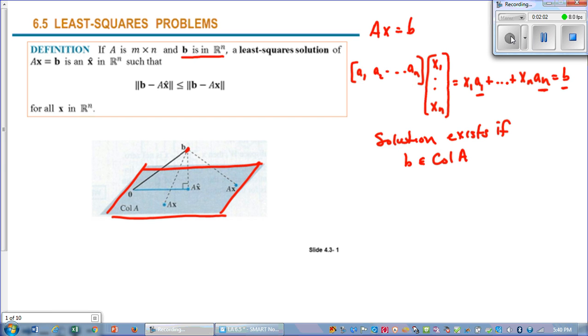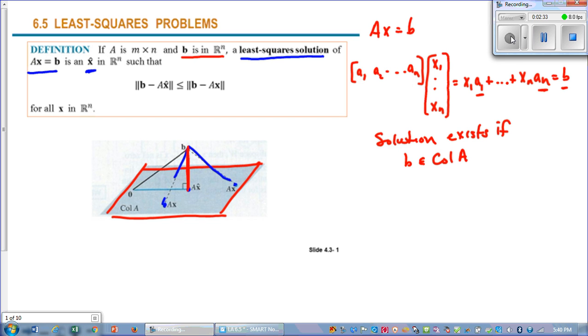So a least squares solution to Ax = b is some x bar, such that A times x bar will be the value that is the closest. Meaning that if you took any other Ax down here in this column space, the distance from b to those Ax's will be greater than the distance from b to A x bar.